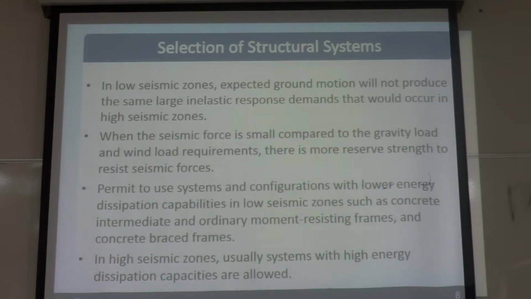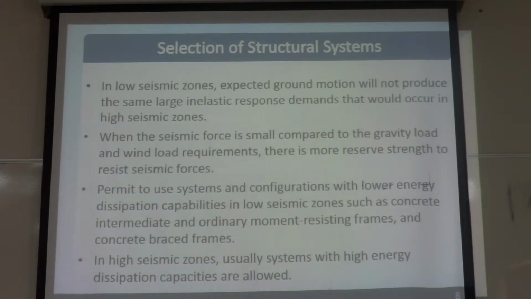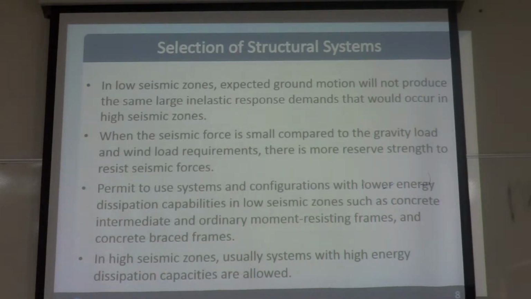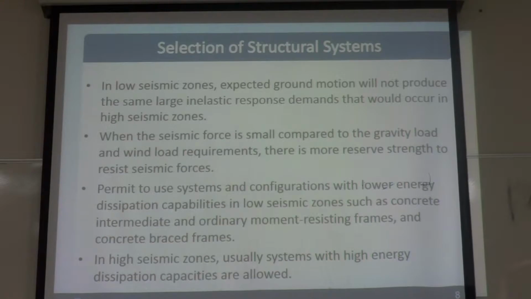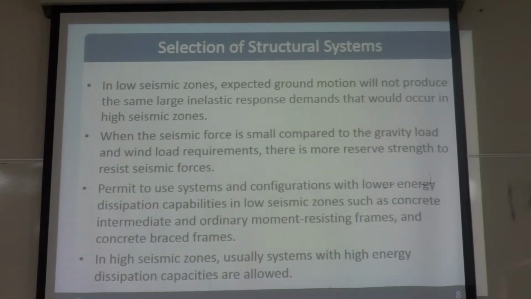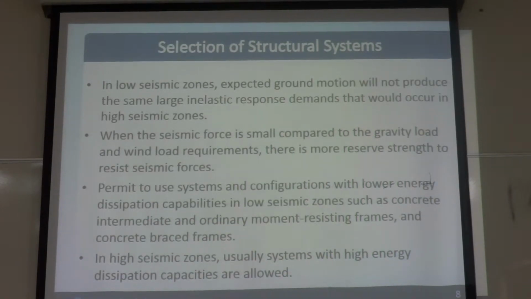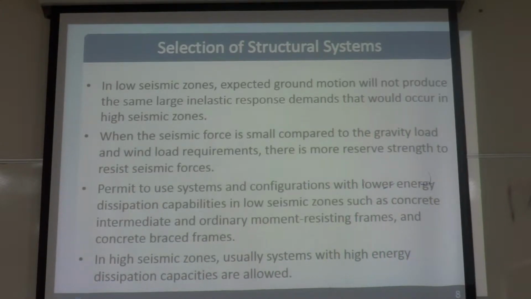If we construct the building in a low seismic zone, the seismic force will be small and the wind and gravity design might govern. And the structure might have more reserve strength to resist the seismic load. Also, the code permits the use of structural systems and configurations with low energy dissipation capacity.